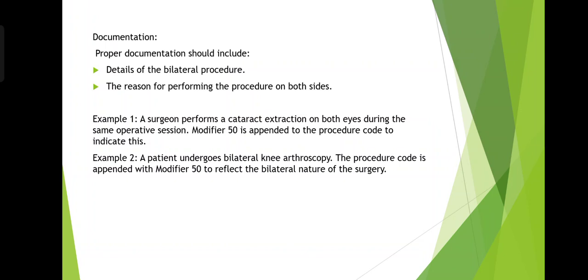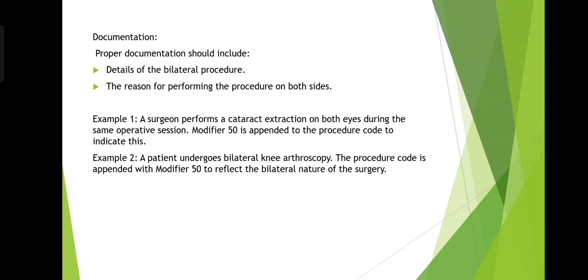Cataract extraction on both eyes, left and right. So it is a bilateral procedure, so you have to code that cataract extraction code along with modifier 50. It will represent that cataract extraction was performed on both eyes.